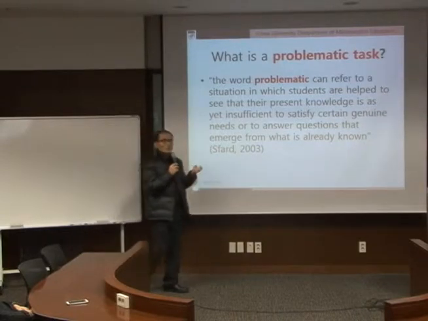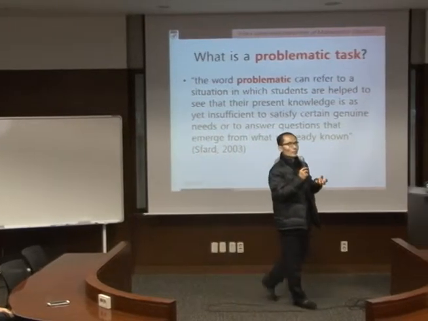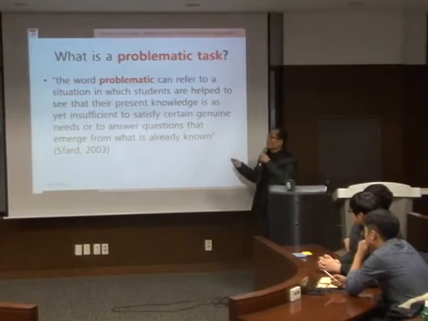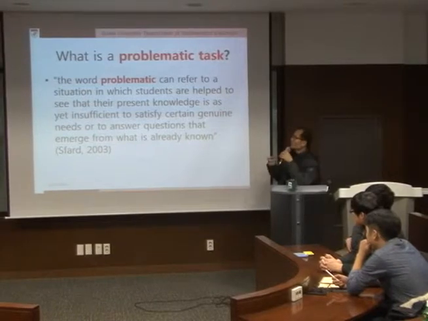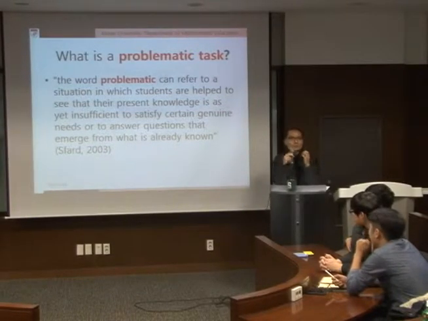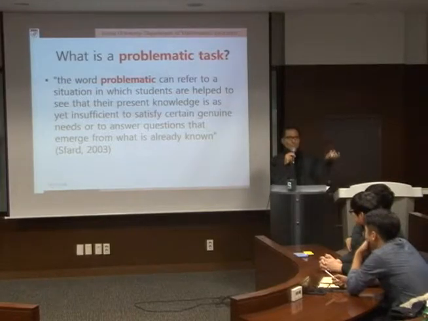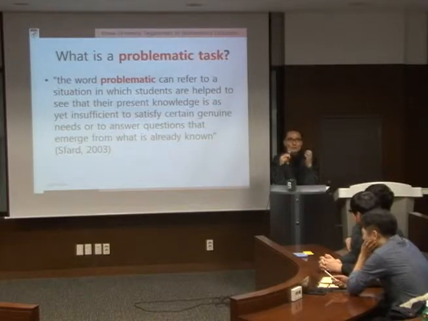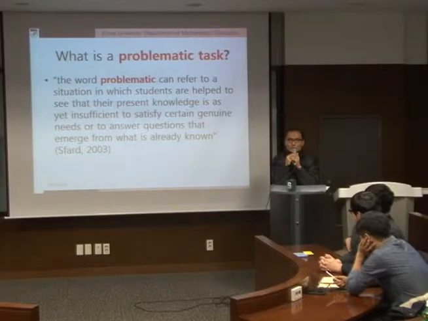I think this explanation points out many important things. In other words, a problematic situation or problematic task should consider this kind of situation. From what students already know to what? What students should understand for better understanding of that concept or any mathematical structures.